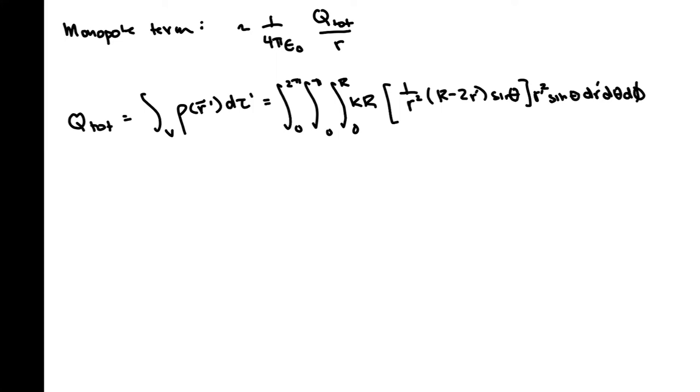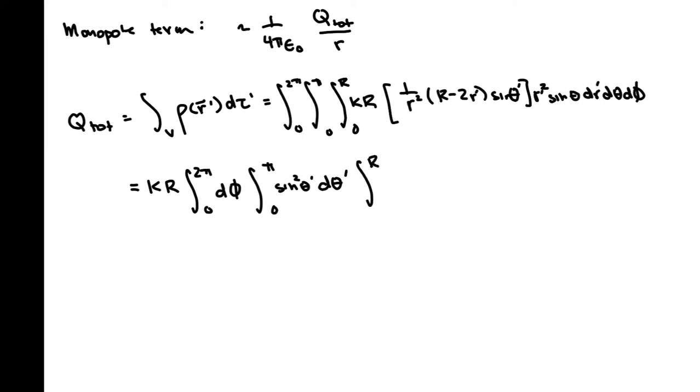So when I evaluate that integral, I can pull out the k and the R because those are just constants. I end up getting the integral from 0 to 2 pi of d phi, and the integral from 0 to pi of sine squared of theta, and then the last little bit is all the stuff that depends on r.